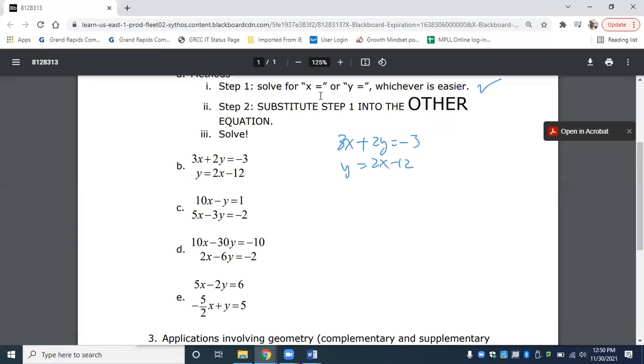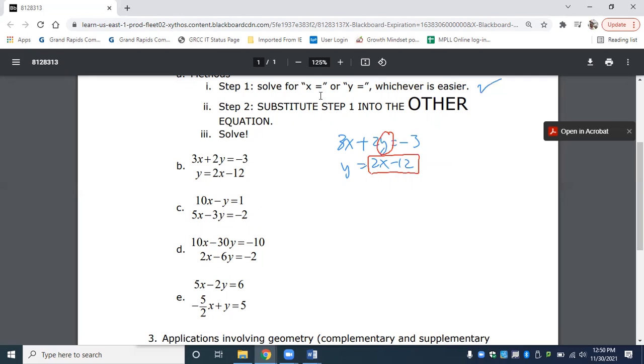Let's look at step two. Step two just means that we're going to take the y equals and plug it into the other equation. So wherever there is a y, I'm going to replace it with 2x minus 12.